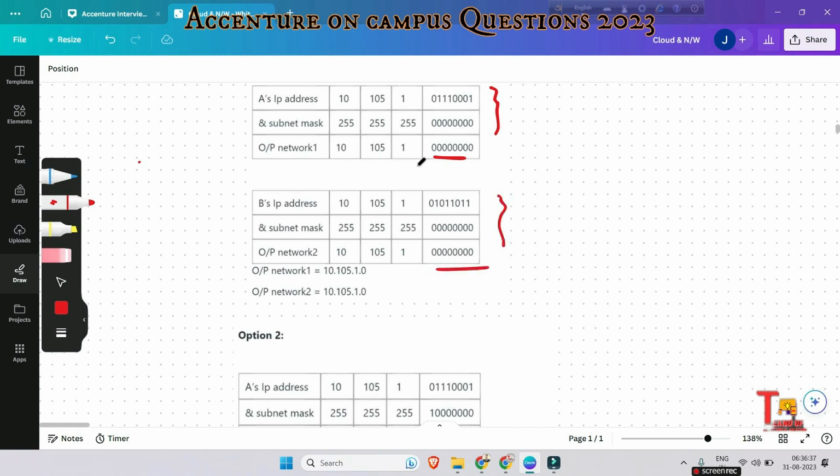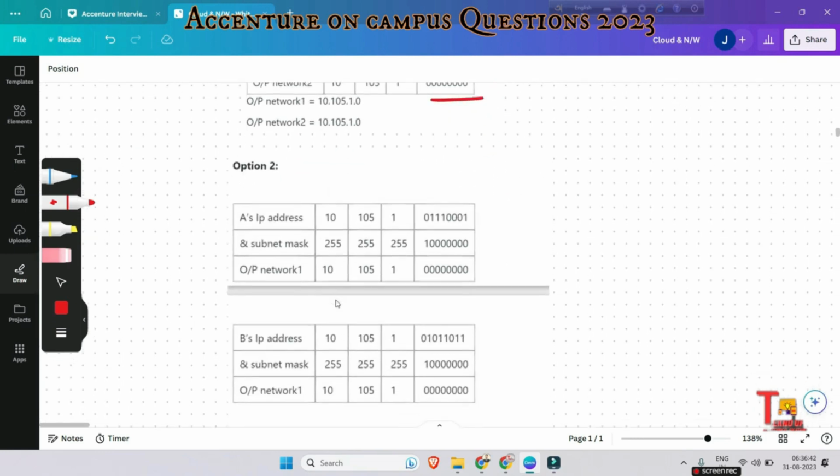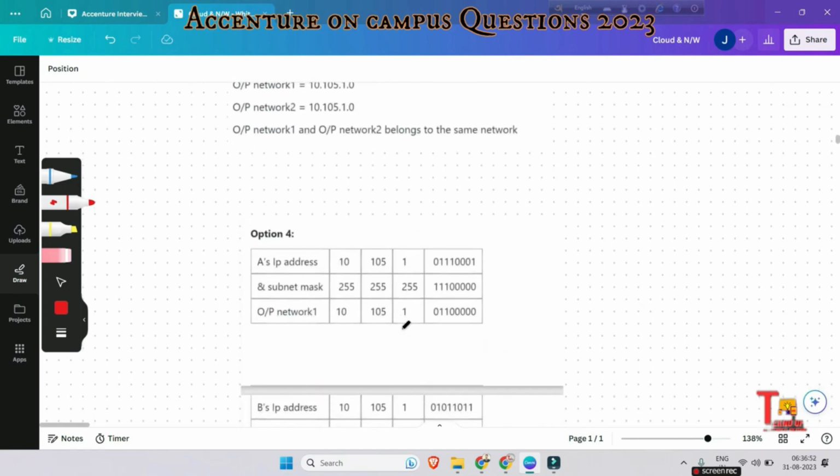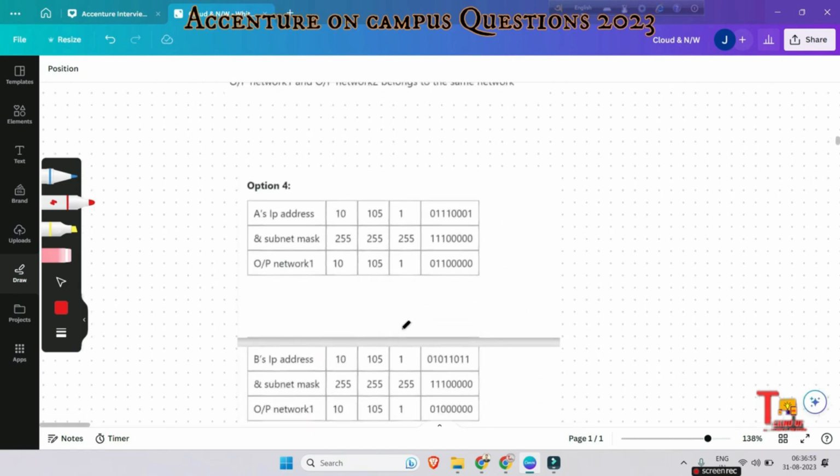So in both cases we get the same output network. In option 2, if we do an AND operation with computer A and computer B, both are the same. If we do it with option 3, we will also get the same network.